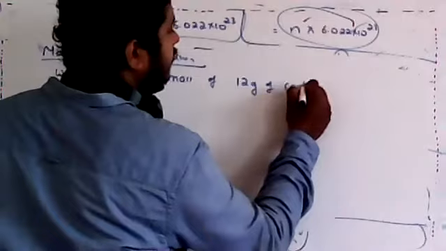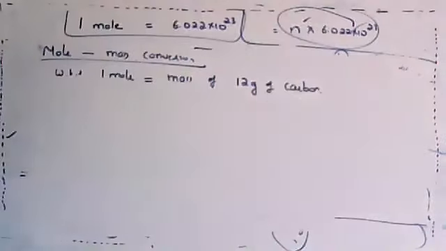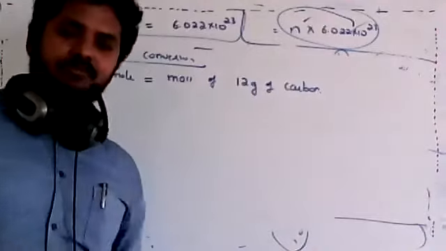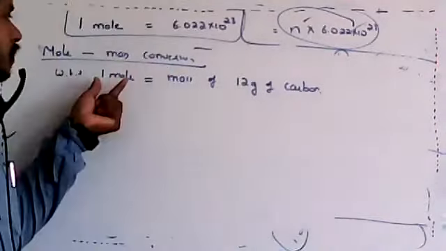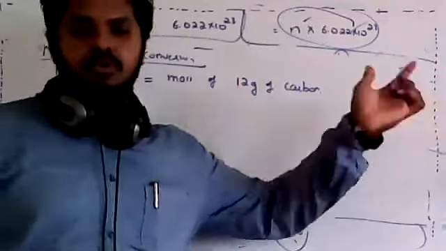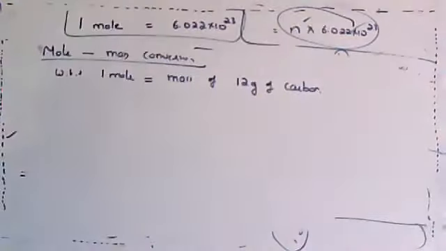We know that 1 mole of anything is nothing but the mass of 12 grams of carbon. It means if you take exactly 12 grams of carbon, that is called 1 mole. It contains 6.022 into 10 to the power 23 atoms.